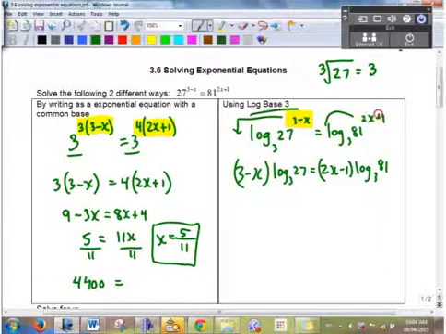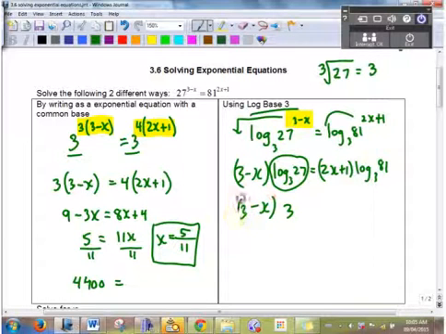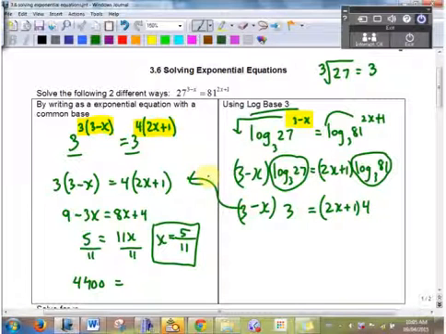Not negative. That's 3, isn't it? What is the power onto which I put base 3 to give me 27? 3. What is the power I put onto 3 to give me 81? 4. And I got the exact same thing, don't I? So I'm not going to solve that, I already did.